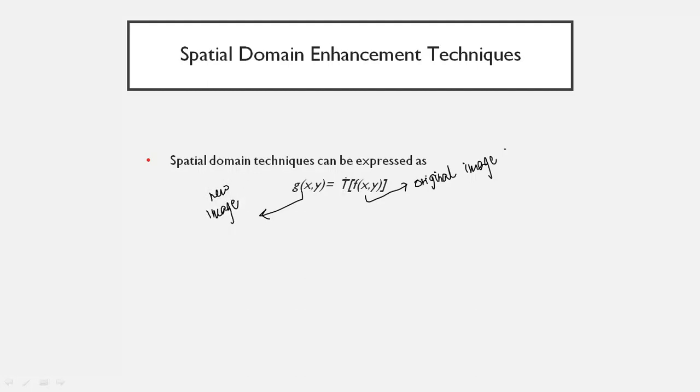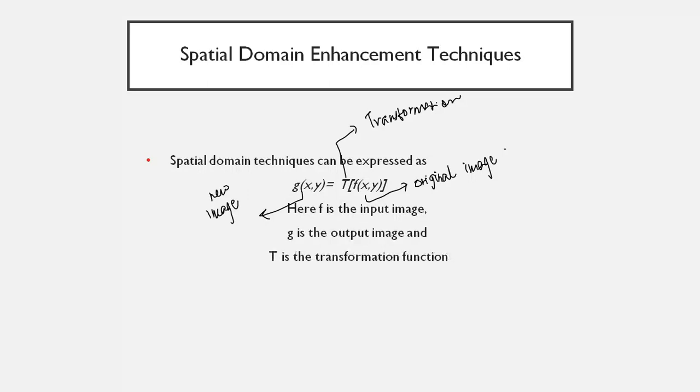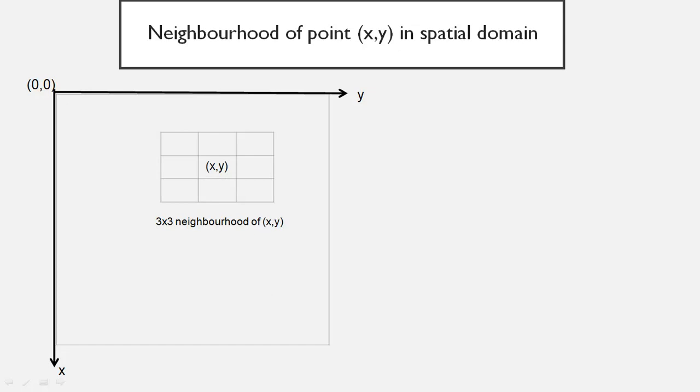And this T is the transformation function. This equation means that some transformation on the original pixel value in the image is done so that we obtain pixel values in the new or enhanced image. So this is the idea of spatial domain techniques, and the technique will depend upon the operator T. So f is the input image, g is the output image, and T is the transformation function.